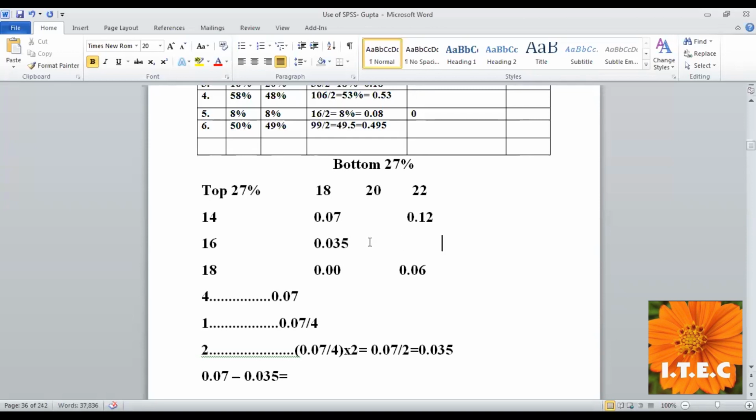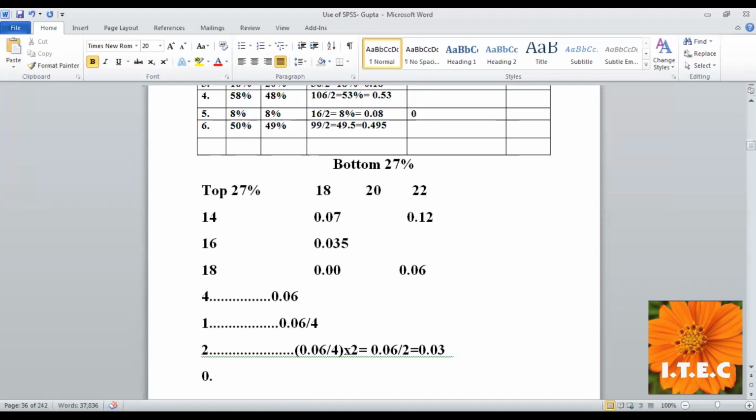The difference, when the difference is 4, then the difference is 0.06, because 0.12 minus 0.06.